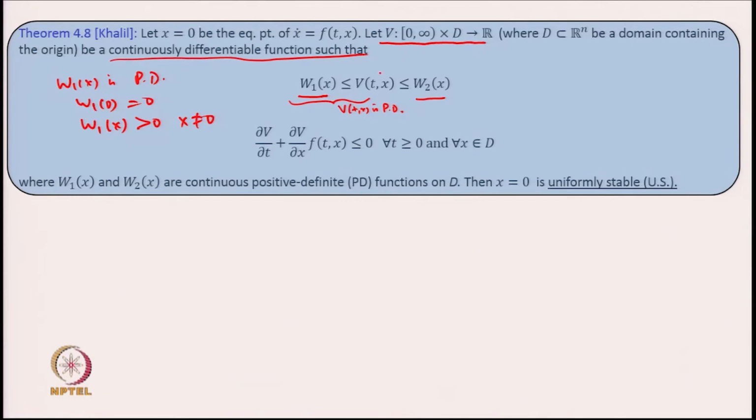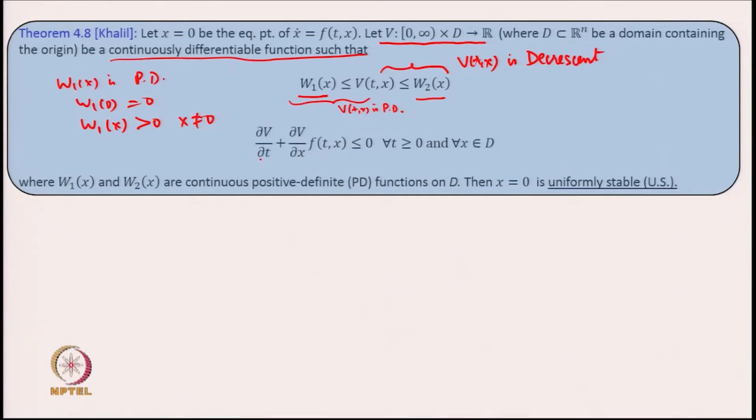The second condition, where V of t comma x is upper bounded by a positive definite function W2 of x, just implies that V of t comma x is decrescent. Okay, so the first condition basically states that the function V is both positive definite and decrescent.